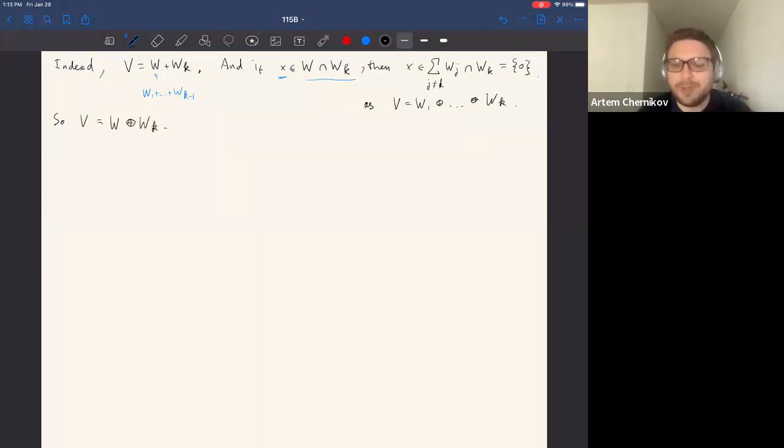Okay, but look, now we only have it as a direct sum of two spaces, right? So we can apply the case k equals 2, which we proved previously.